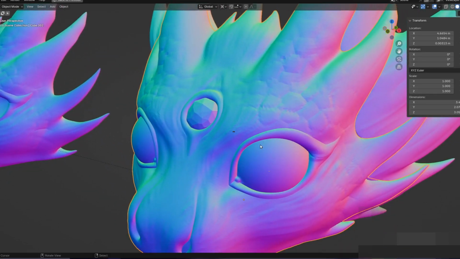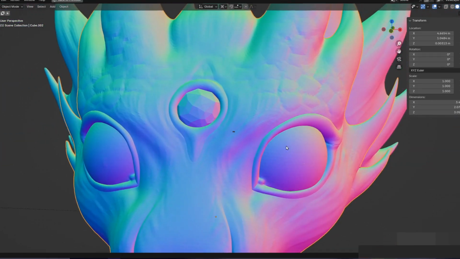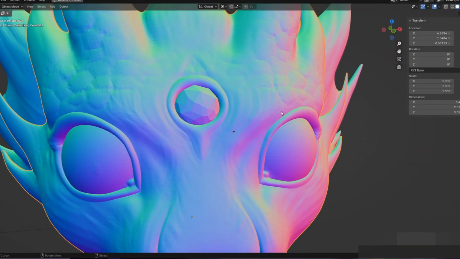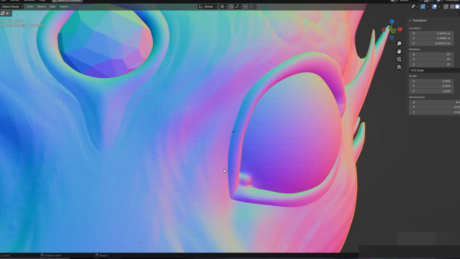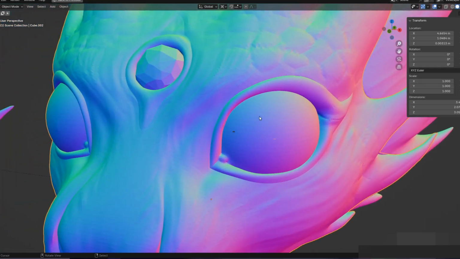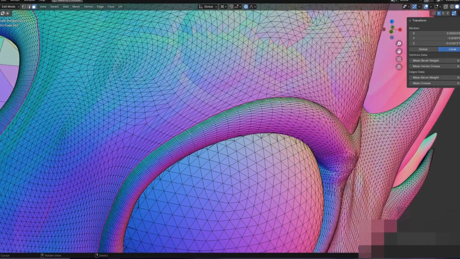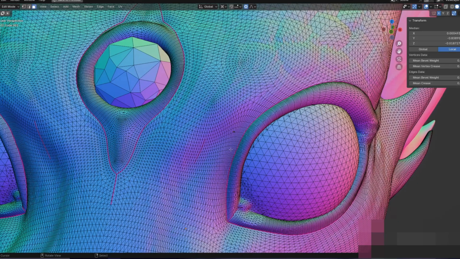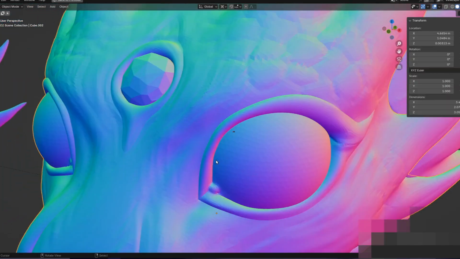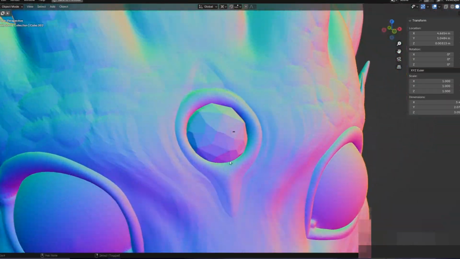But I'm just pointing out something, and that's how clean and definite these lines are, and that's because of the topology. The polygons follow the shape of the eyelid, and that's why you get this very clear line.